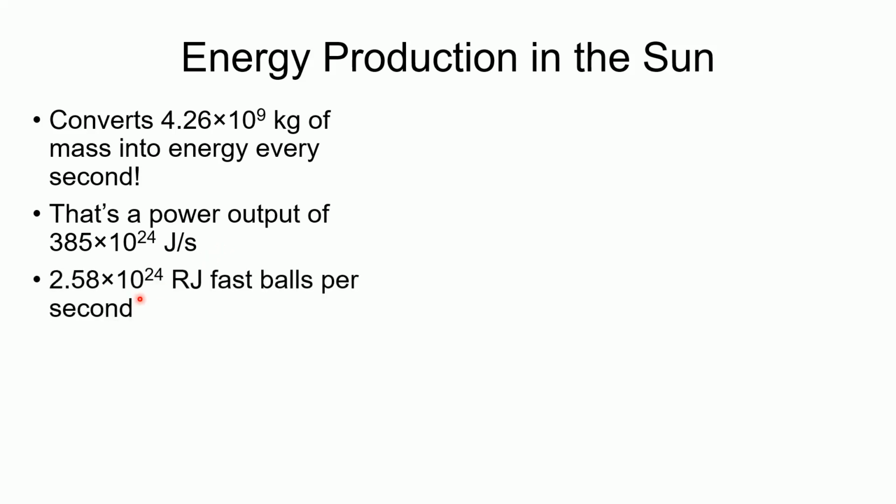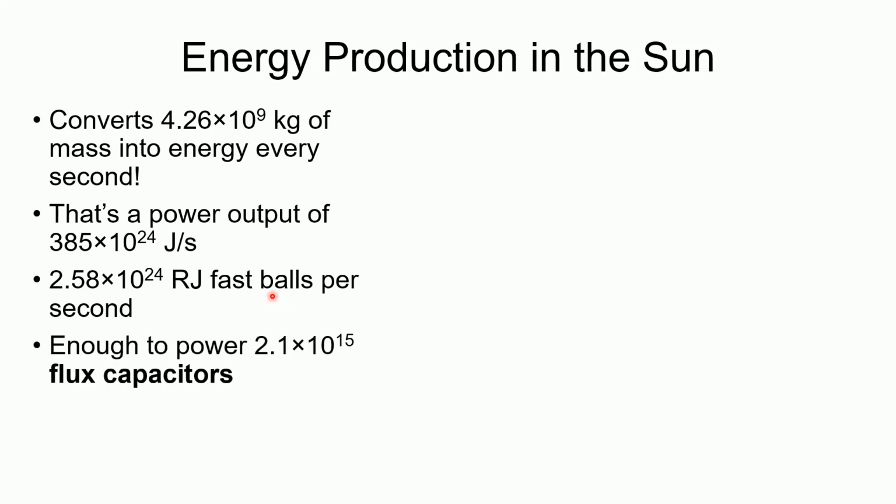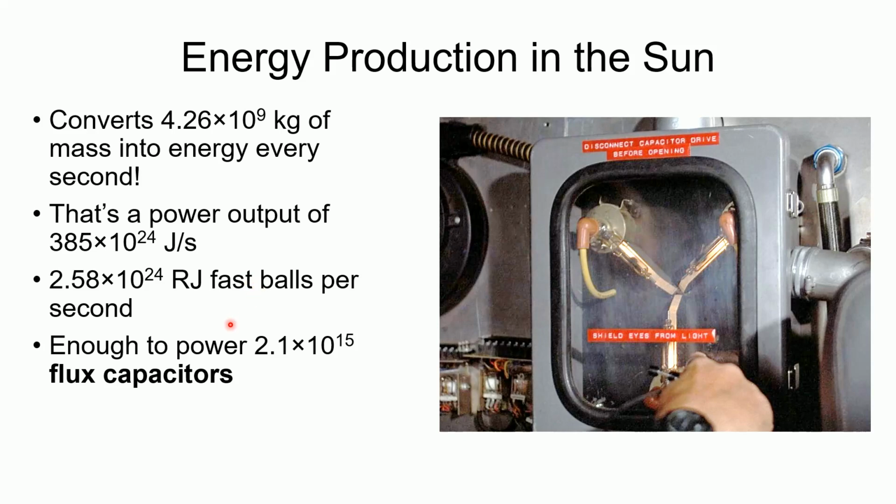And if you want to use my favorite unit of energy, that's about 2.58 times 10 to the 24 Randy Johnson fastballs per second. Or that's enough power to power 2.1 times 10 to the 15th flux capacitors. And a flux capacitor, this is a flux capacitor.